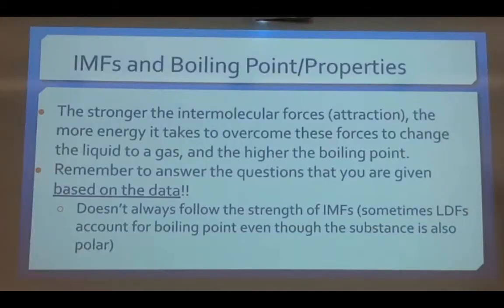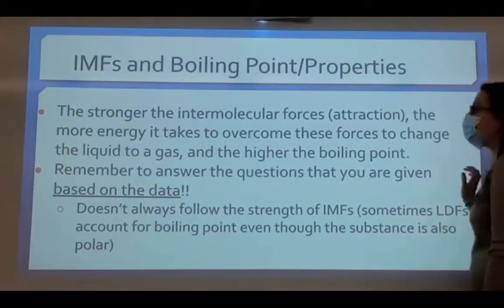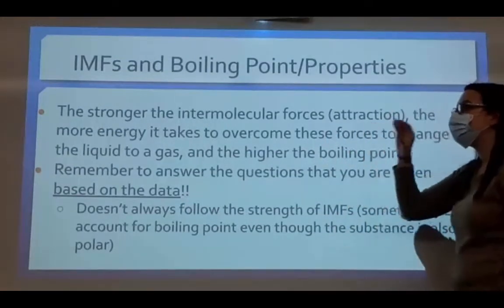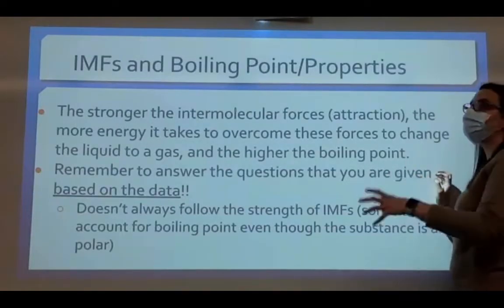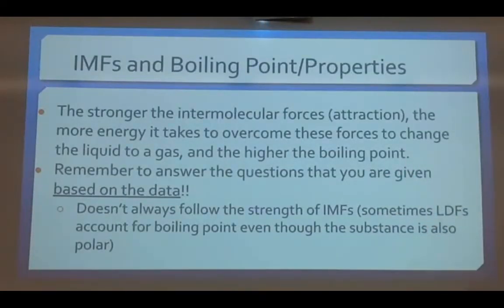So it's really important that, and I'm going to show you a couple types of questions, it's important that we pay attention to what the question is asking. If it's asking about boiling point, we need to think about, okay, what does that mean about intermolecular forces? And then we'll answer the question.